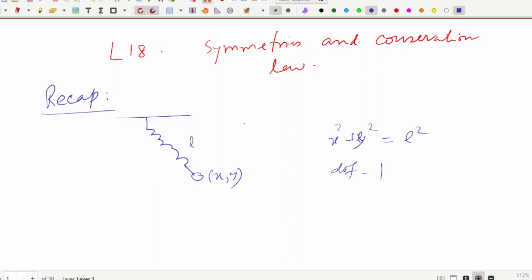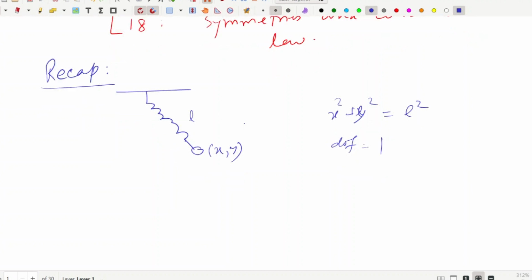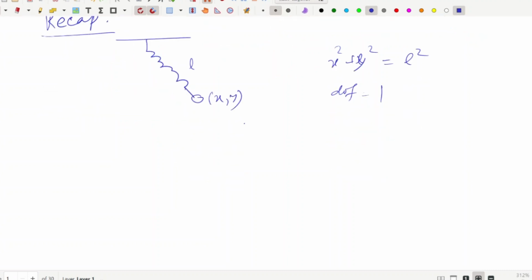I was in a hurry, so probably you people missed this point: this was a dynamic constraint because it depends on time. The length is not fixed at all times. Similarly, the other problem we discussed was two simple pendulums connected by a spring of some spring constant.